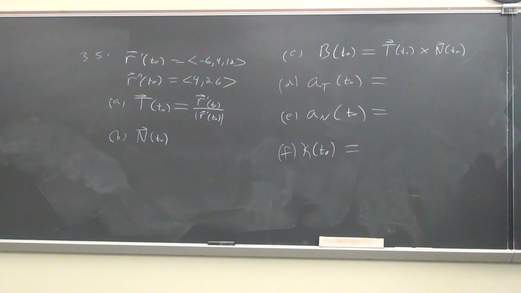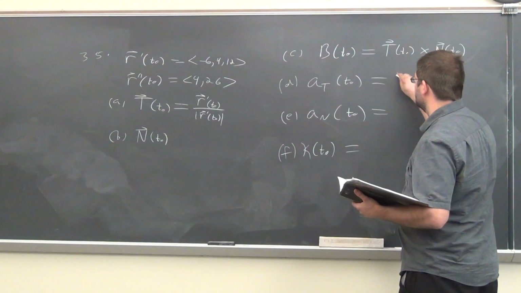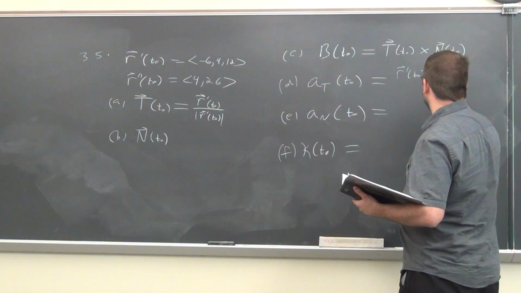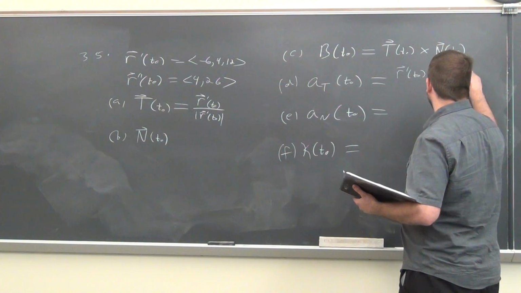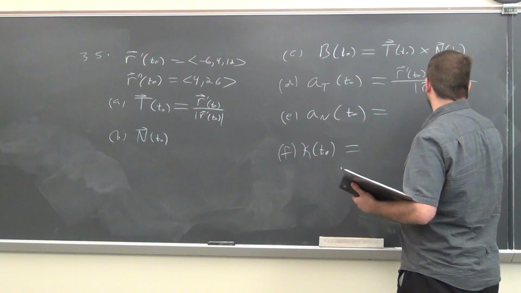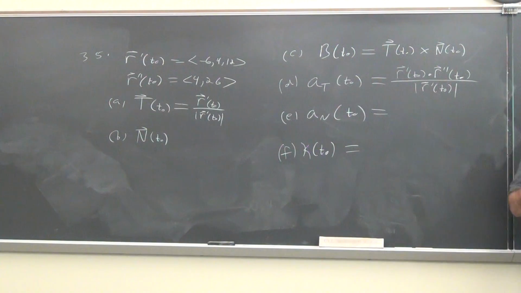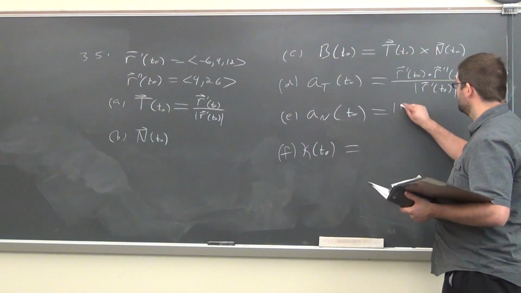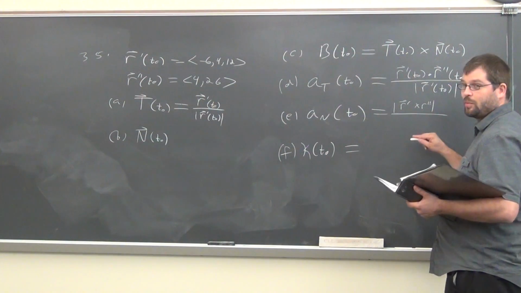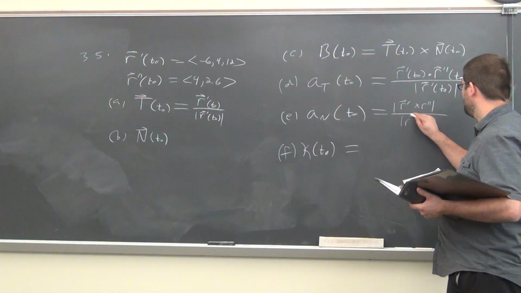The first one is the dot product of the first derivative and the second derivative over the magnitude of the first derivative. Alright, so that's good. You're okay getting that one? Alright, what about A sub N? It's the magnitude of the cross product, same formula but with cross product up top, right?